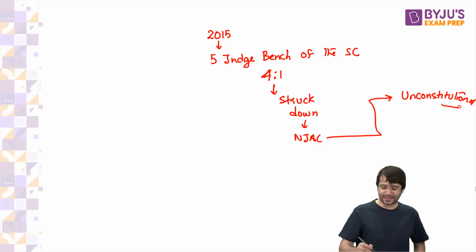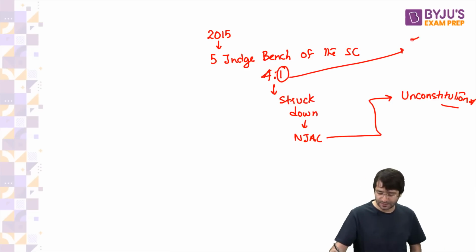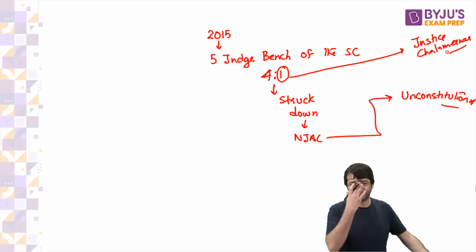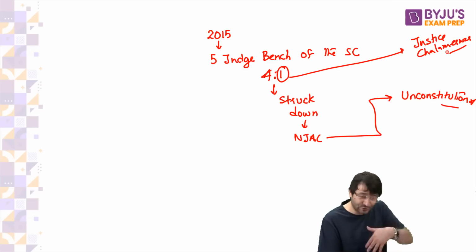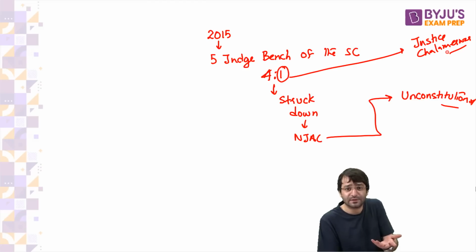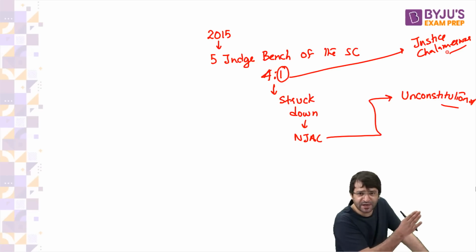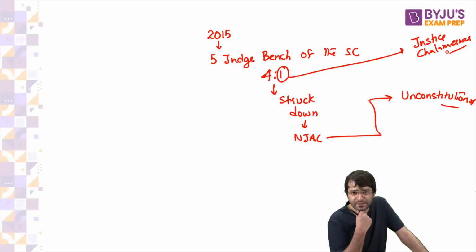Only one judge dissented, Justice Chalameshwar. Saying Collegium System, I am also a beneficiary of Collegium System. Because of Collegium System, I am the judge of the Supreme Court. But I don't agree with this Collegium System. You have completely removed the role of the executive, which is against Constitution.